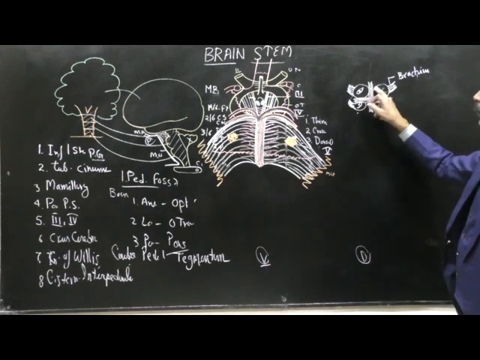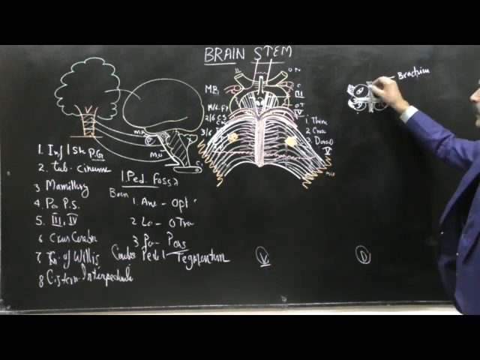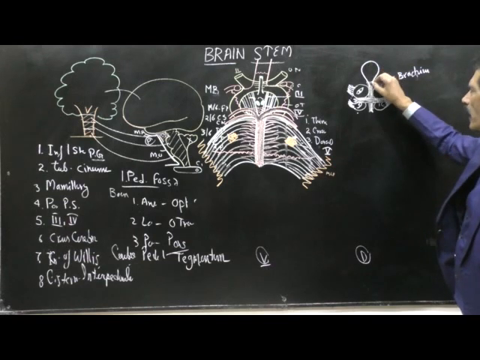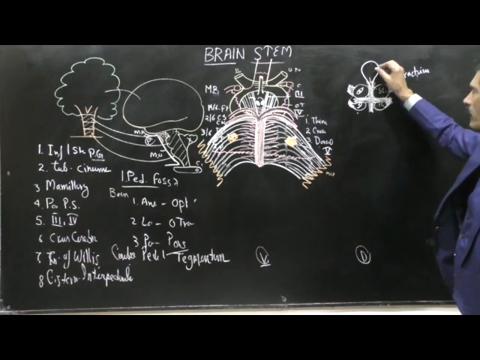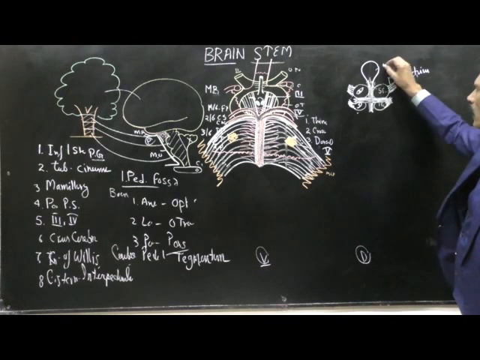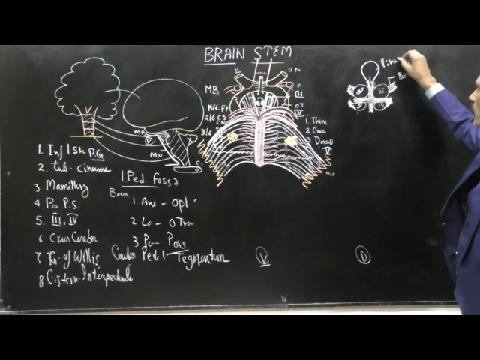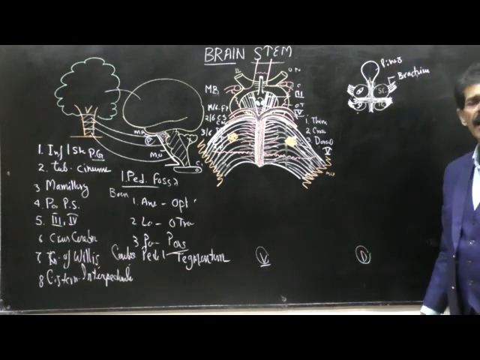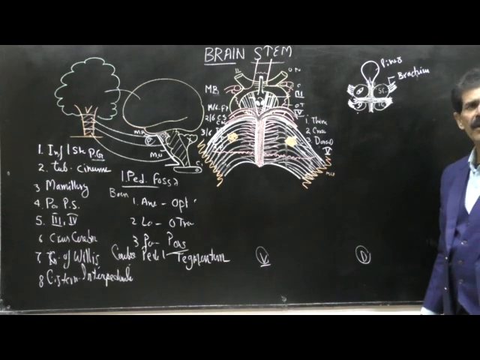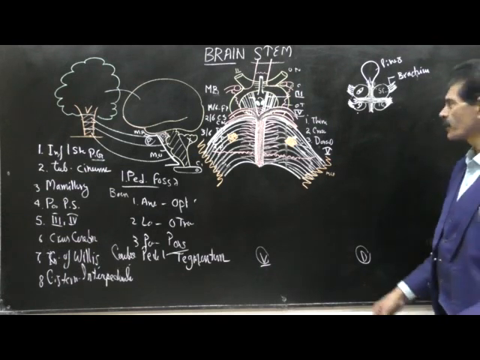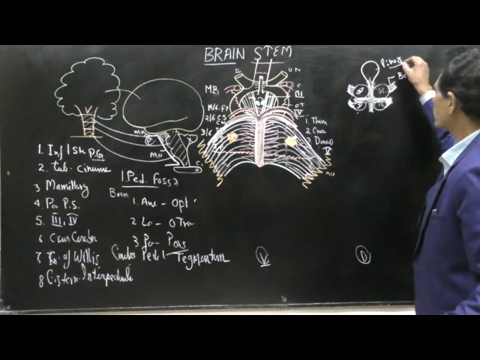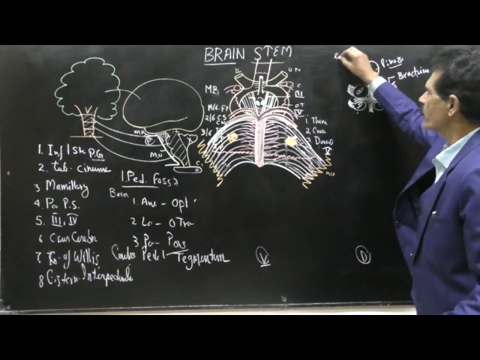In between the 2 superior colliculi, superiorly, there lies a gland with a stalk called the pineal gland. The pineal gland is also called the third eye. Why is it called the third eye? Because it contains photoreceptors. Another name of the pineal gland is the epiphysis cerebri.